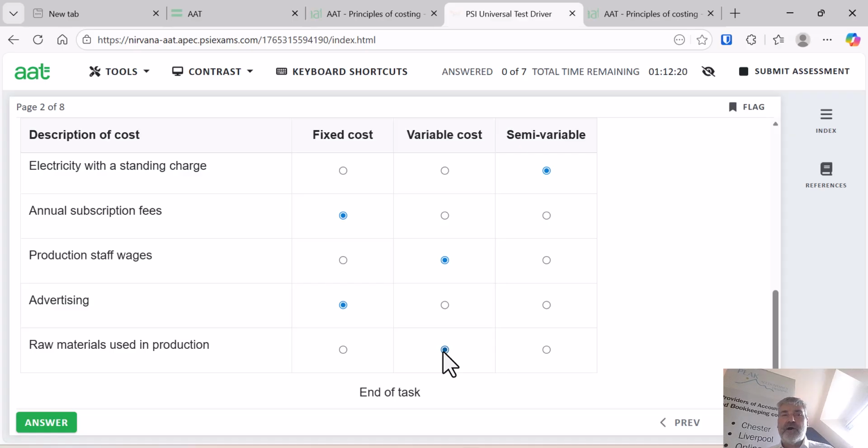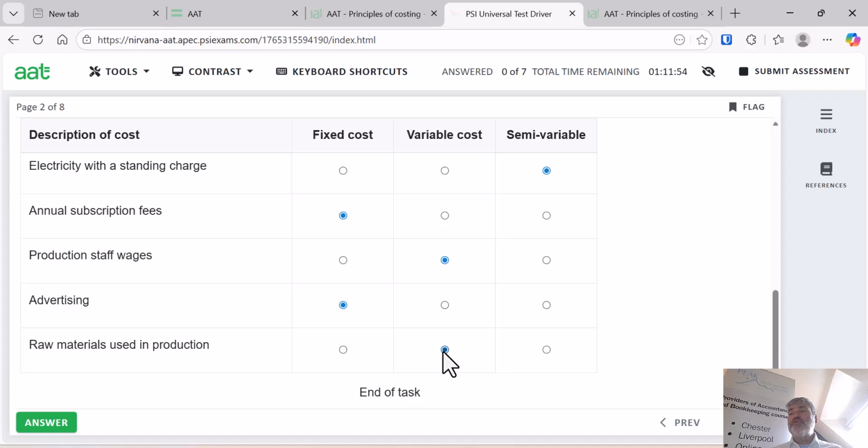A simple example would be the rent of buildings that we use, whether we're a producer, a manufacturer, or a service provider. We will rent offices or factory space. That rental cost will be fixed. It doesn't matter what we do within those premises, how much we do or how little, we've always got that fixed cost.